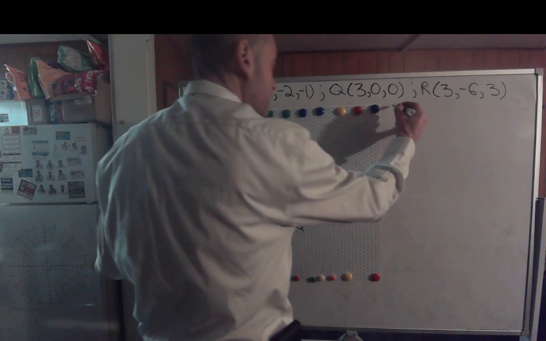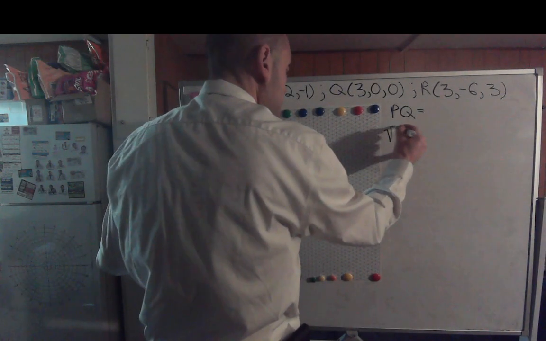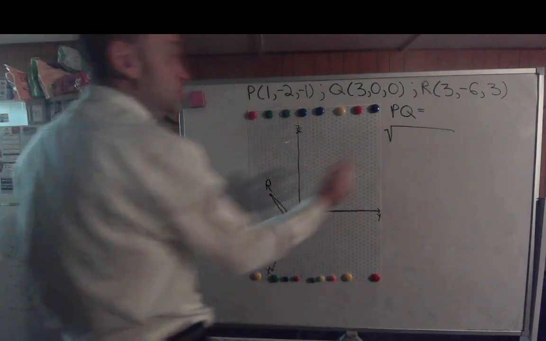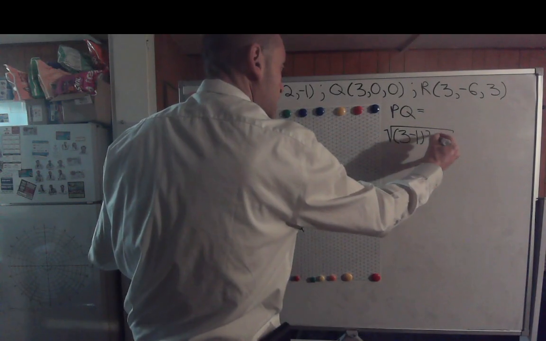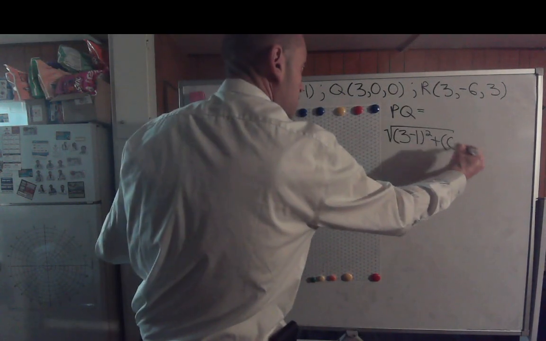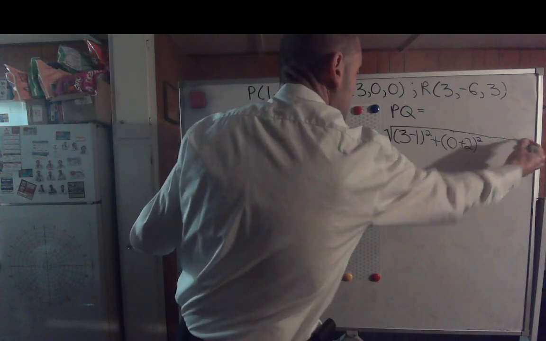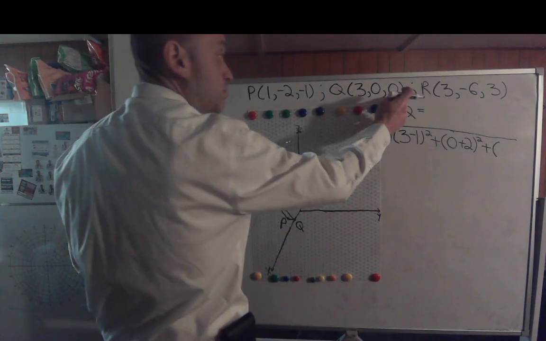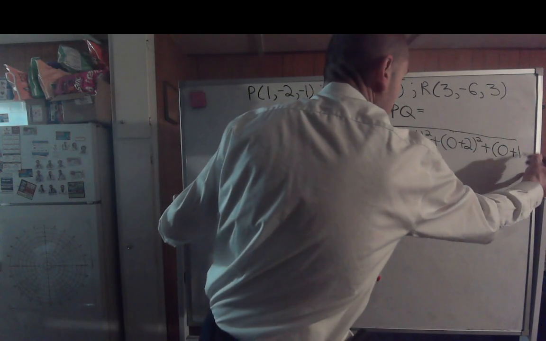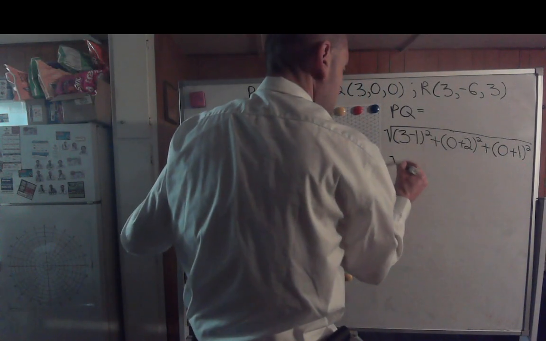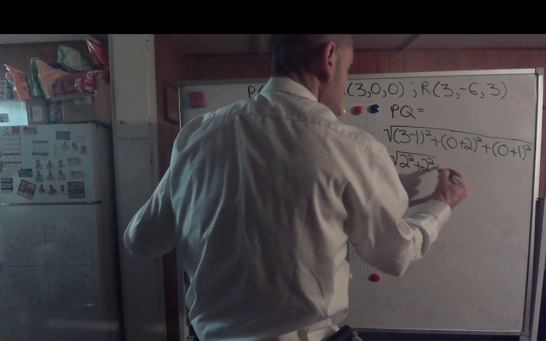So let's find PQ first. PQ is going to be the distance formula between points P and Q. So x2 is 3 minus your x1 of 1 quantity squared, plus your y2 of 0 minus your y1 of negative 2, that would turn into 0 plus 2 quantity squared, plus your z2, which is 0, minus your z1, which is negative 1, that would turn into 0 plus 1 quantity squared, which would simplify into 2 squared plus 2 squared plus 1 squared.